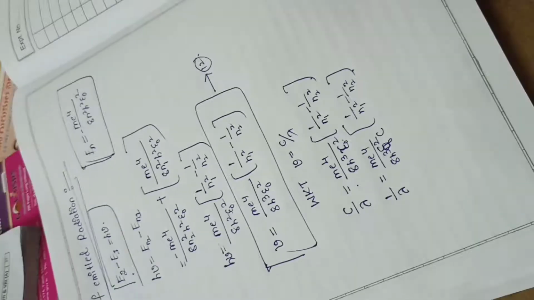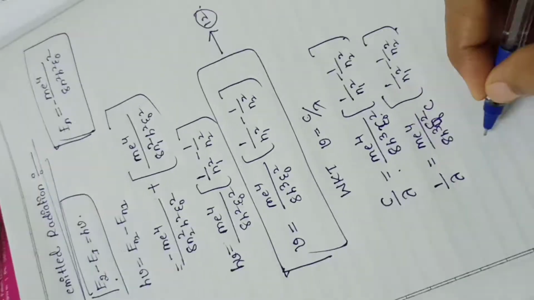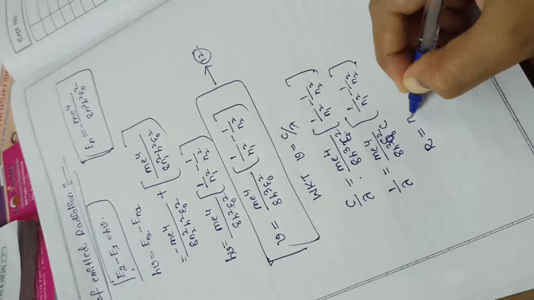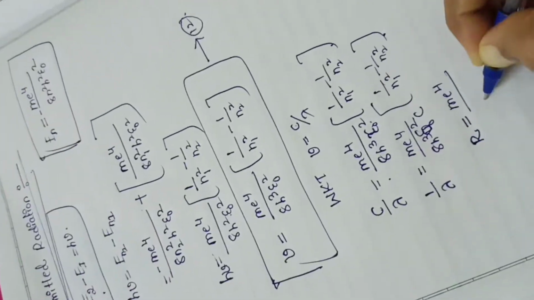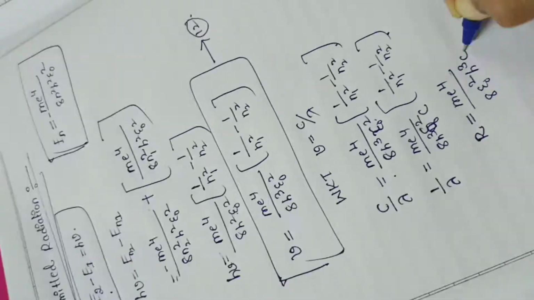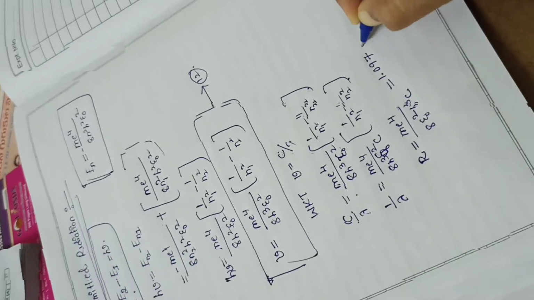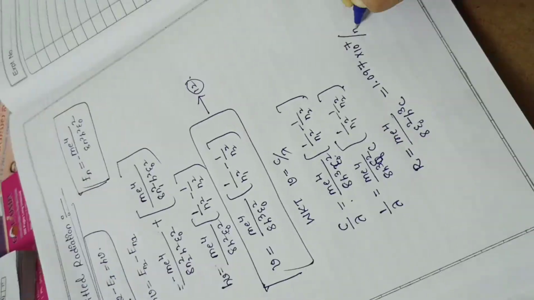Okay. So here the Rydberg constant came into the picture. The value of R is equal to m e power 4 by 8 epsilon naught square h cube c. This value is 1.097 into 10 to the power of 7 per meter. Okay.